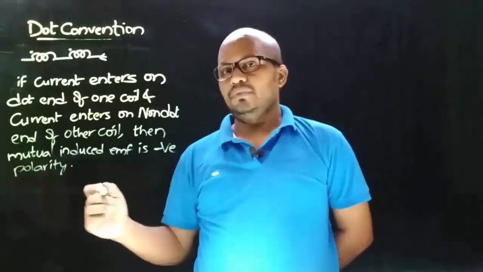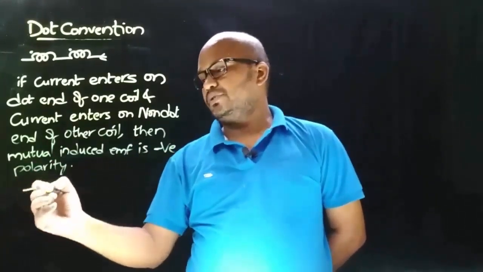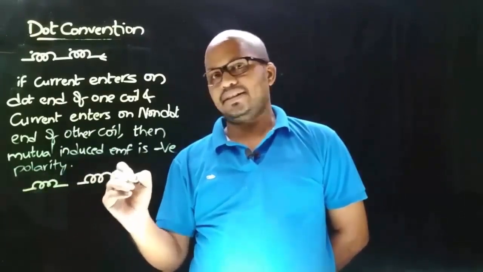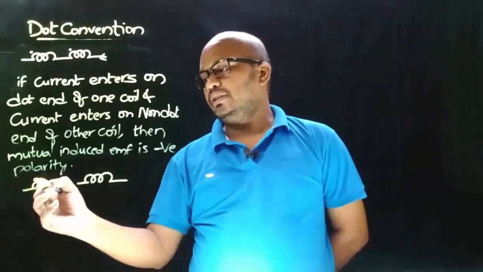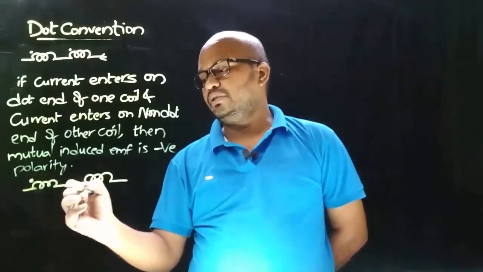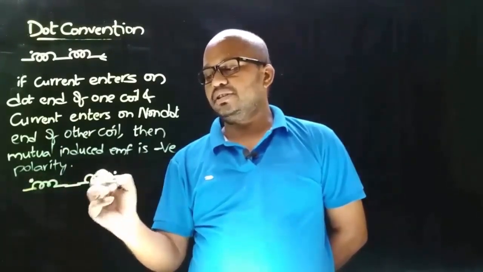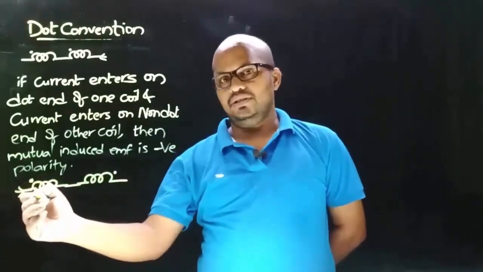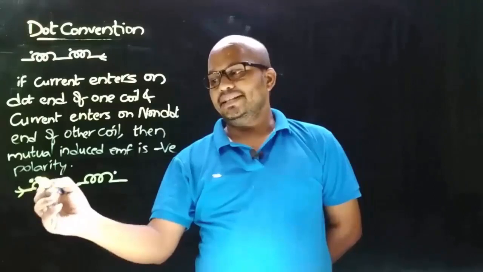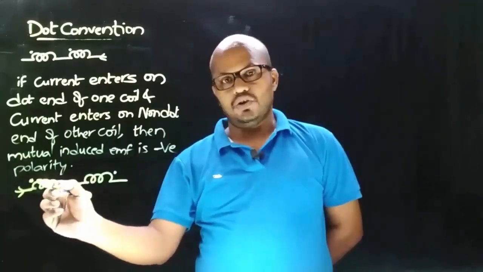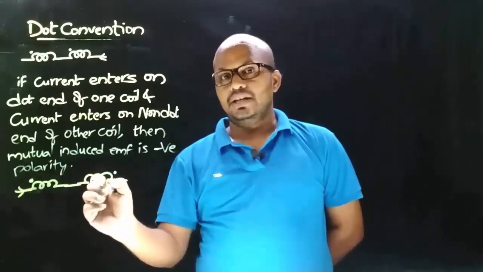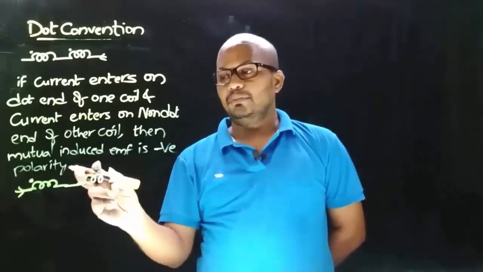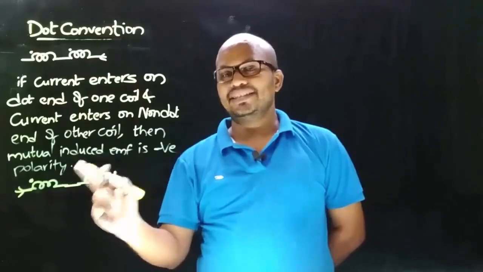That is, suppose this is one coil and this is the second coil, and this coil has its dot end here and this coil has its dot end here, and let this be the direction of current. So observe that here current is entering this coil on the dot end, and similarly here current is leaving on the dot end of this coil, which means the polarity of mutual induced EMF is negative.